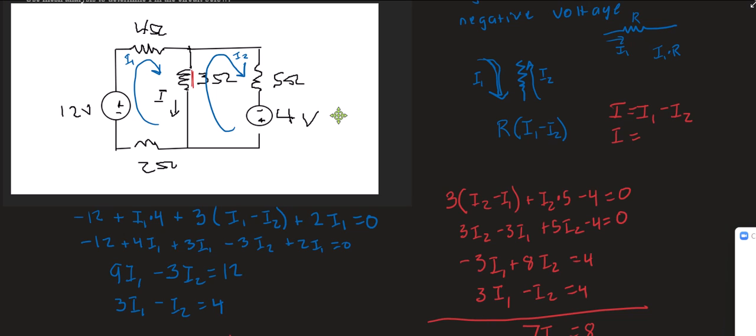And so I is going to equal 1.41 minus 1.71, which is negative 0.3.